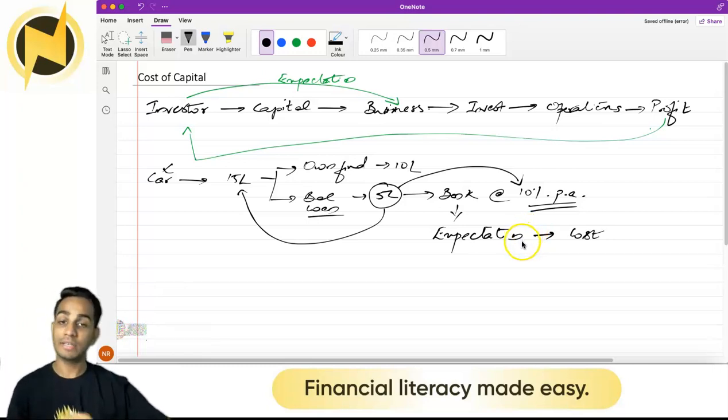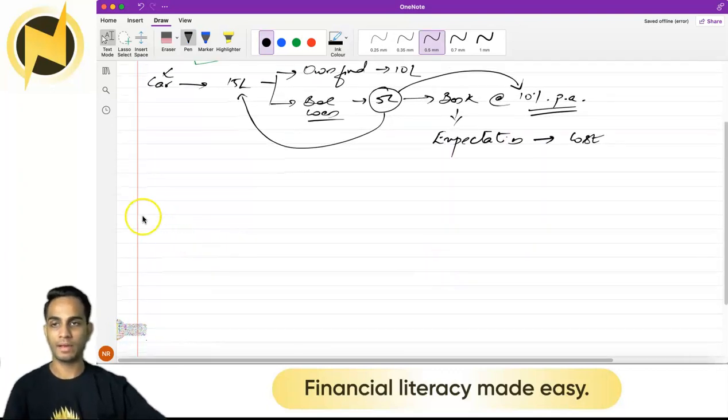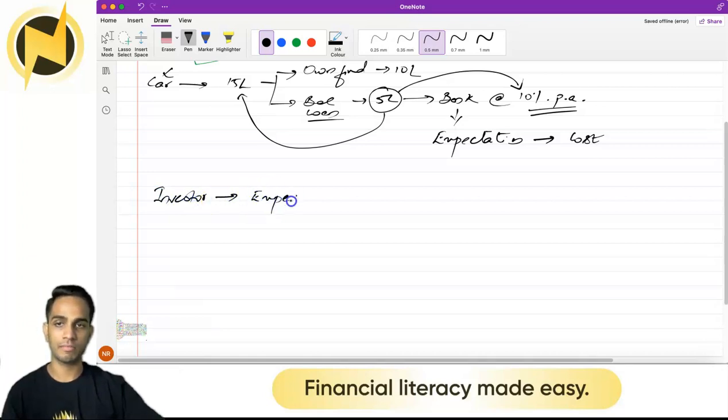Whenever an investor comes, as I said, they will have an expectation. Now, this expectation will depend upon the kind of investment. Because an investment can be by way of shares, that is equity shareholding.